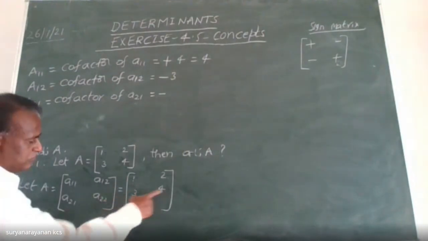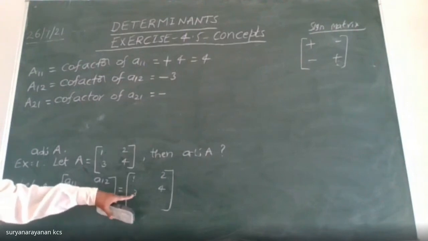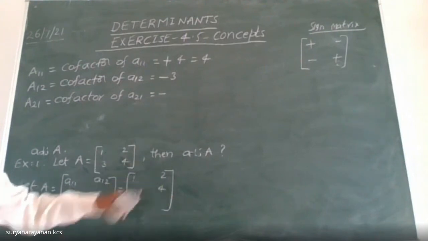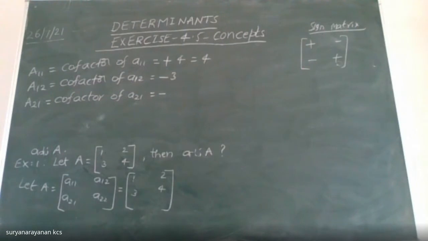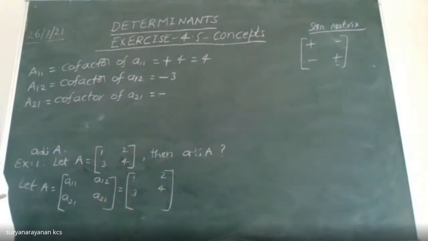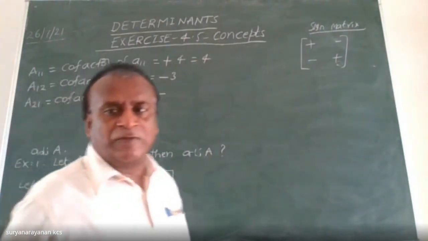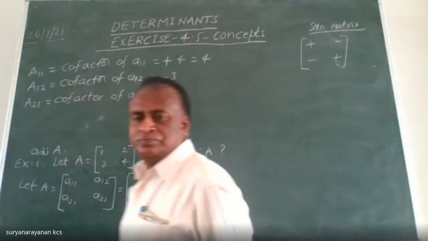Close the second row, first column, since 2, 1 means it lies in the second row, first column. What is left here? 2, sir. Yes, 2.